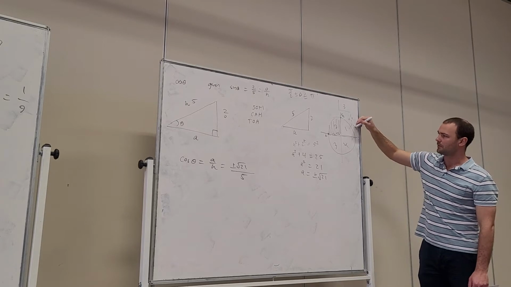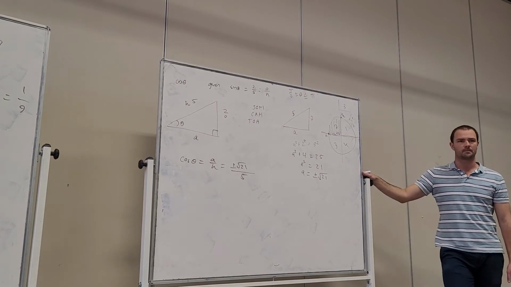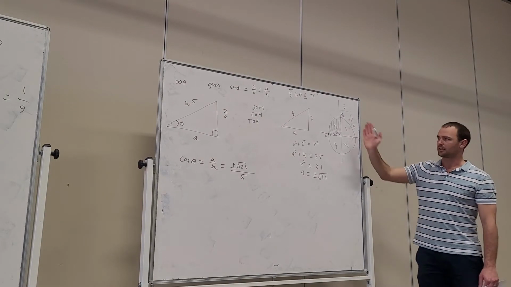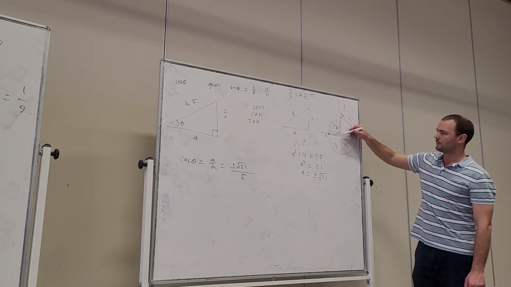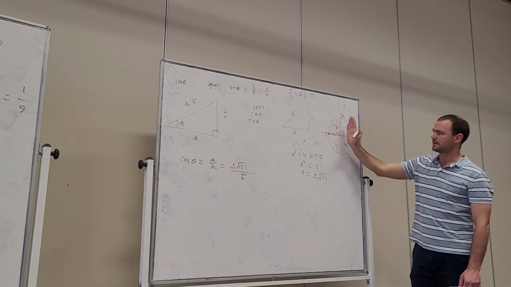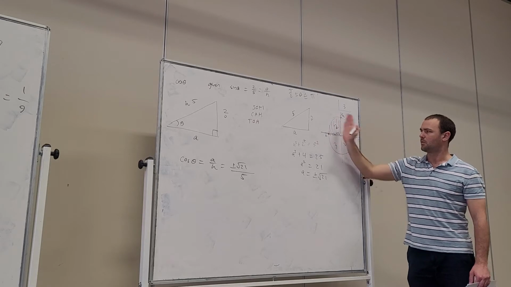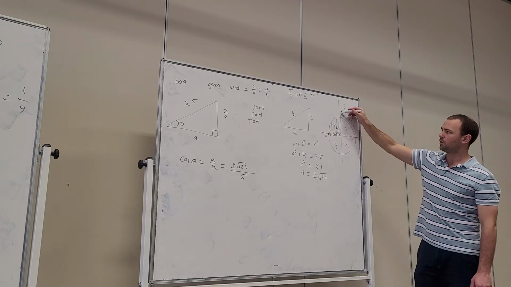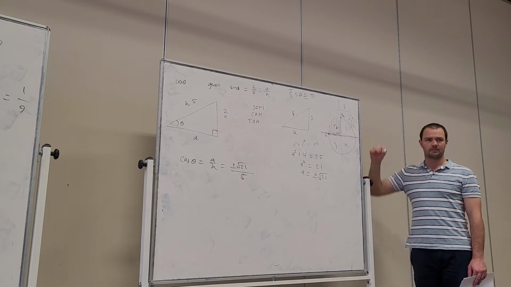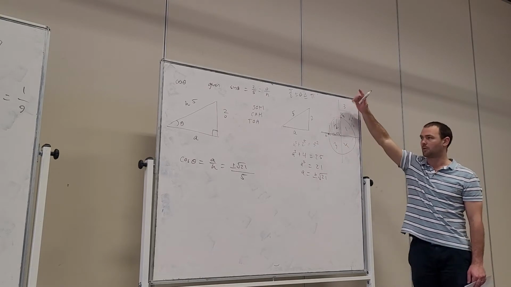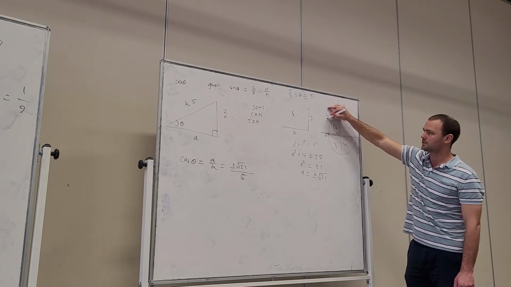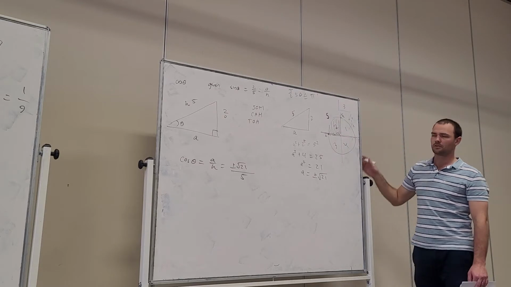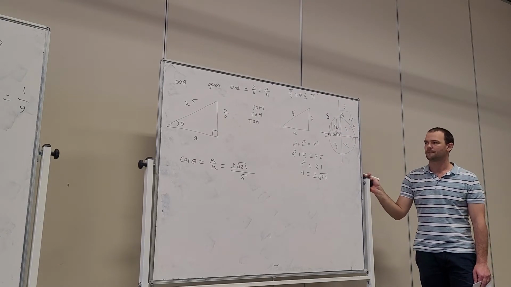So in this one, all trig ratios are positive. Over in the second quadrant, the x values are negative because they're left of the y-axis, but all y values are still positive. They're still all above the x-axis. So all sine values are positive.